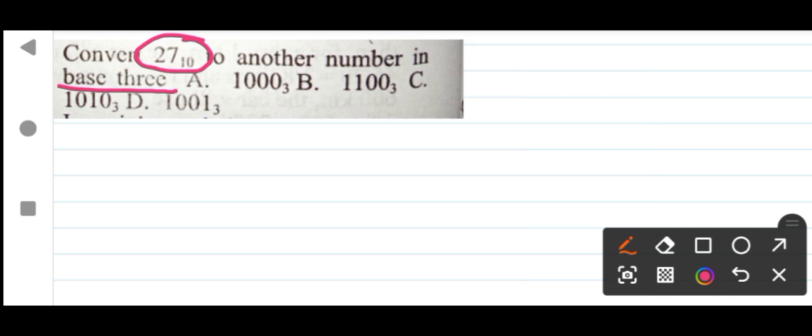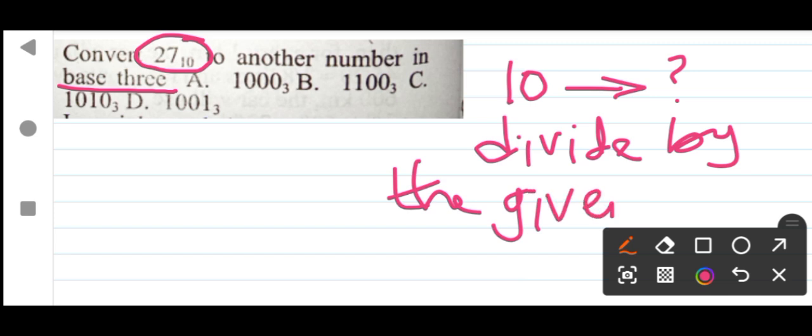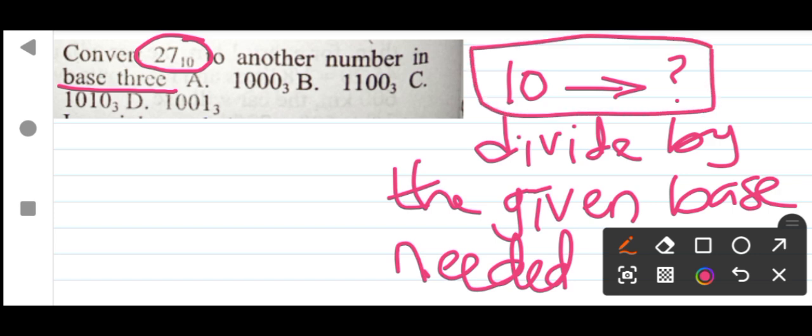Please take note, when you see a question already in base 10 and asking you to change to any other base, all you have to do is divide through by that given base needed. So that's the condition. Anytime you see base 10 converting to another base, divide through by that base which you need. So now let's see this together.